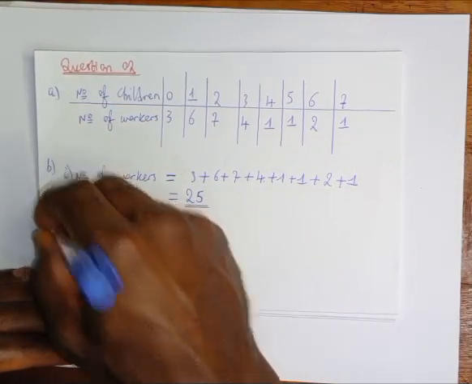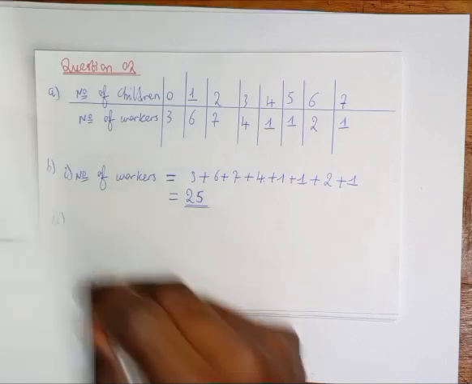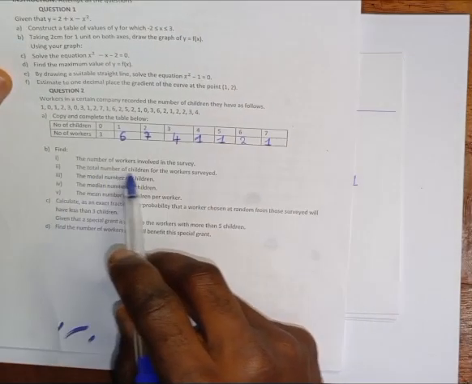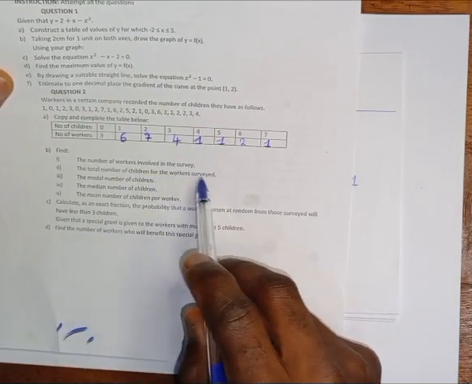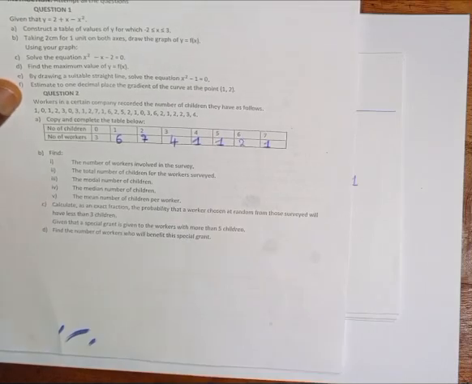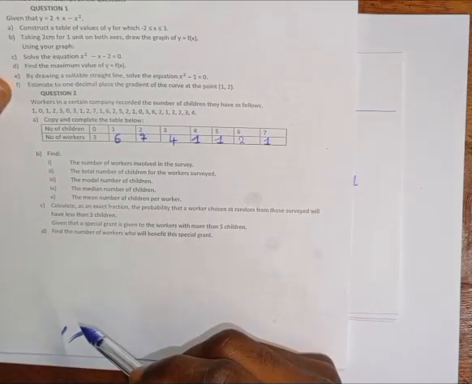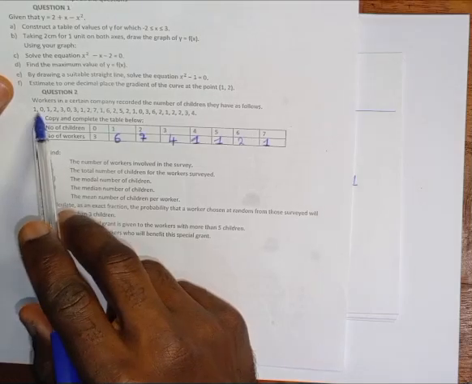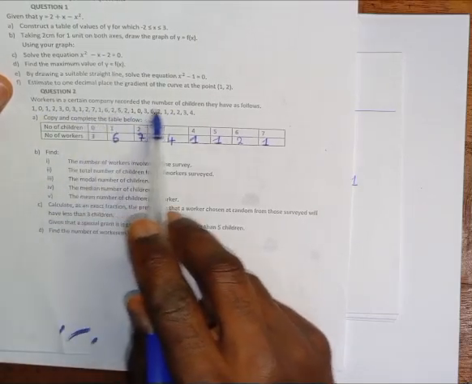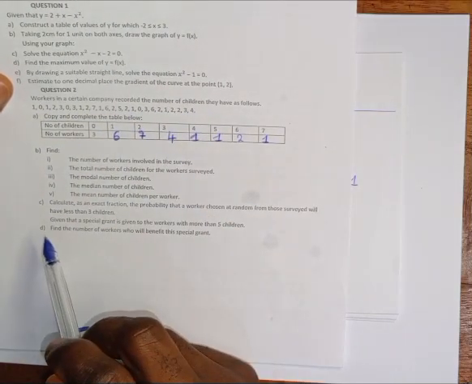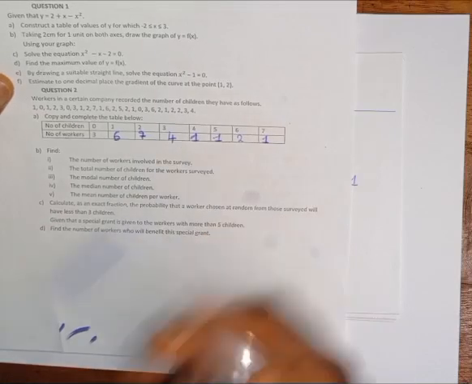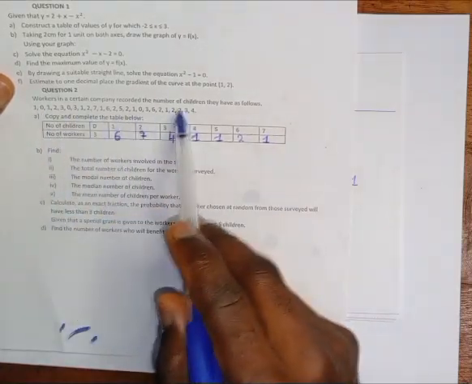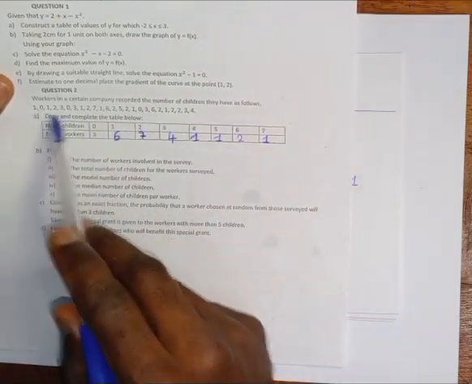2i. 2i says we should find the total number of children for the workers surveyed. We need the total number of children. And for us to get the total number of children, we are simply going to add these numbers we have here, which is very tedious because we can omit certain numbers.